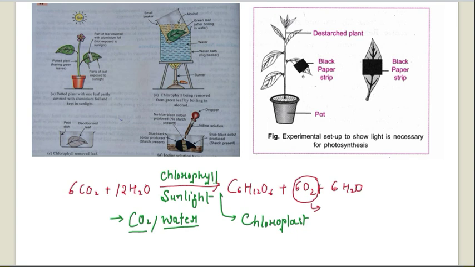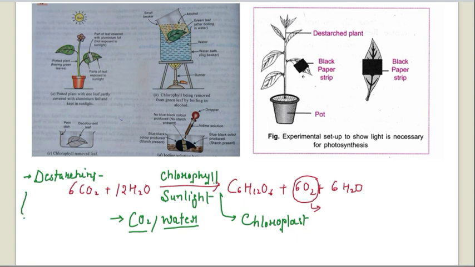Now just see here, first we have to consider some terms. First is de-starching. What is de-starching?